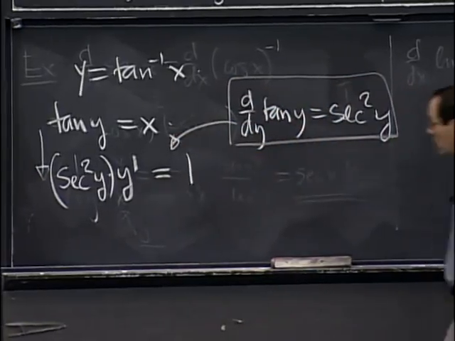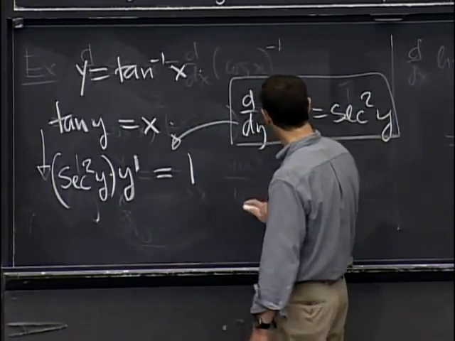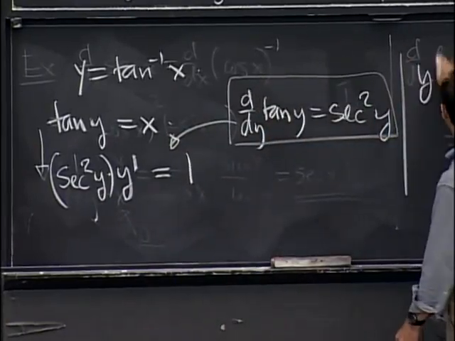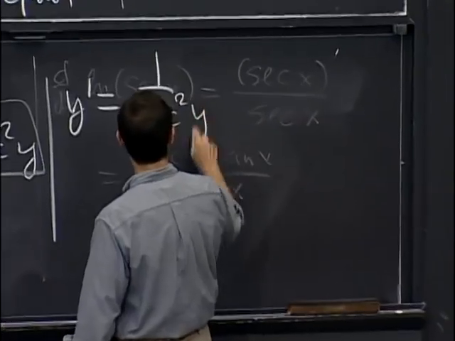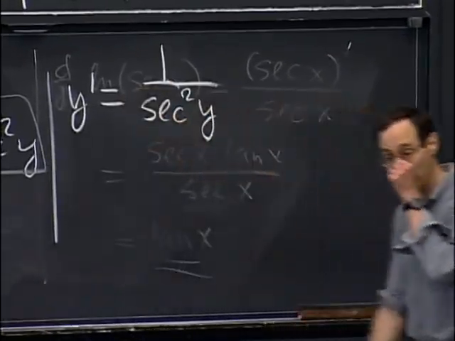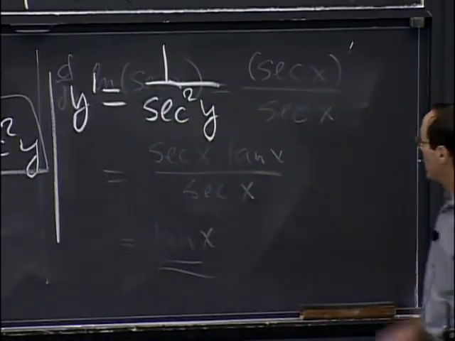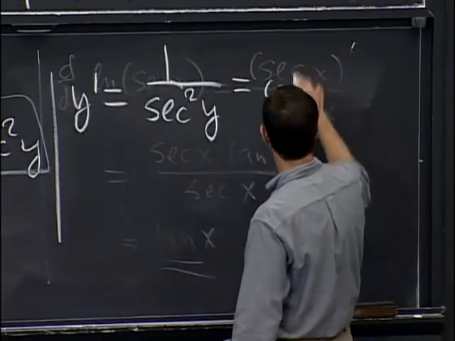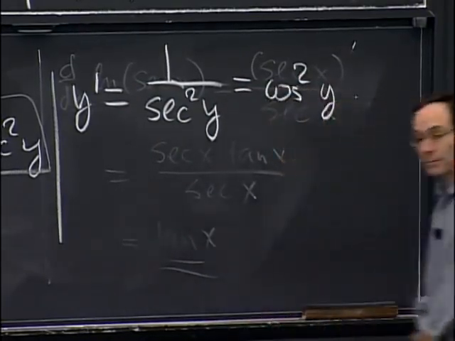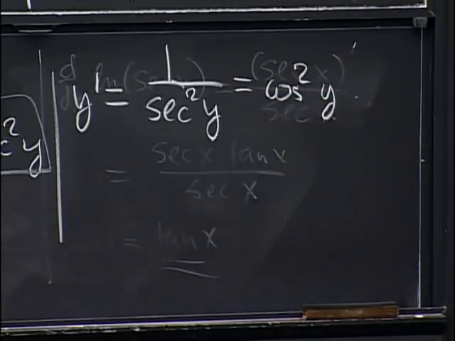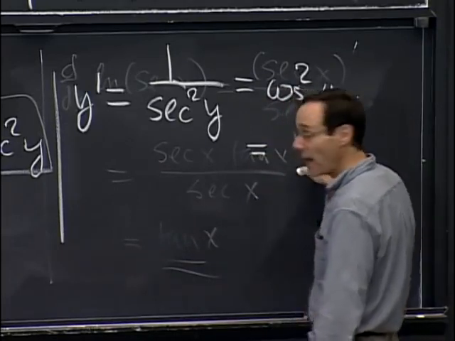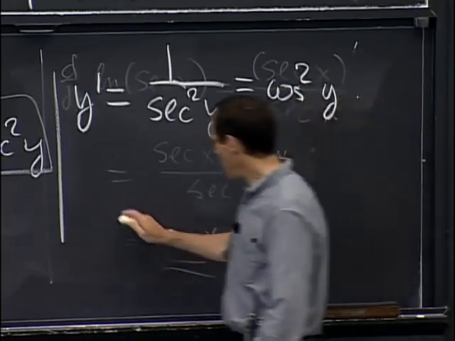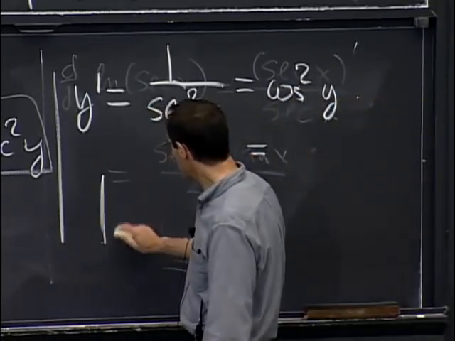So now, what we have is that y prime is equal to 1 over secant squared y, okay, which is the same thing as cosine squared y. Right? Now, the last bit of the problem is to rewrite this in terms of x. And that you have to do with a right triangle.